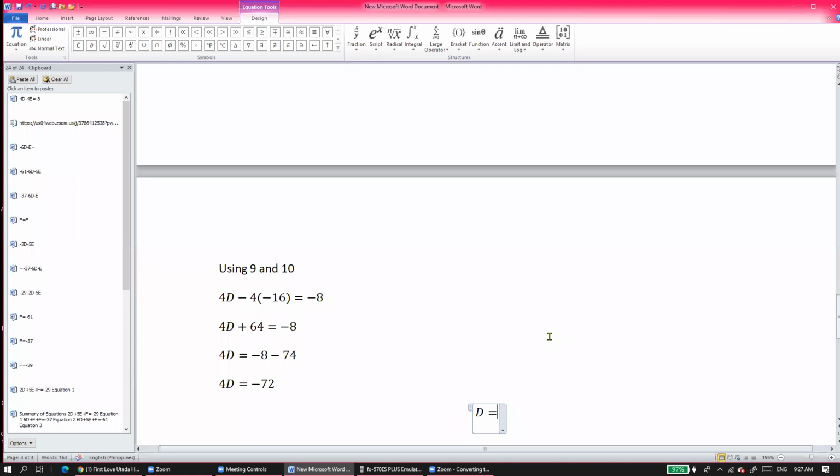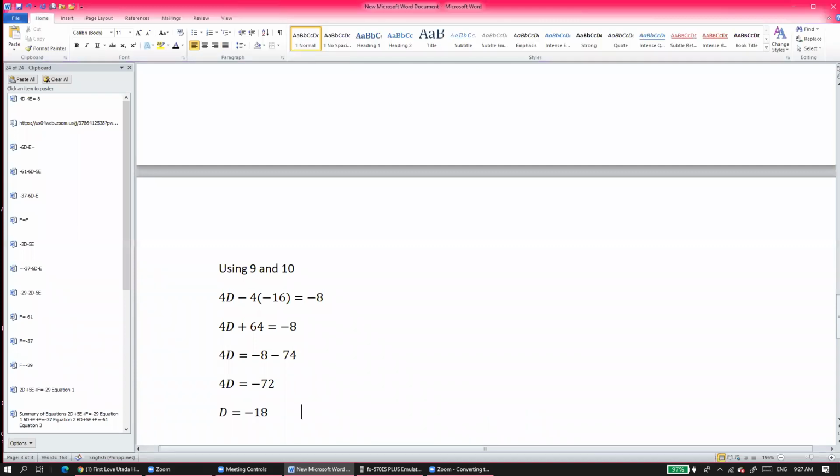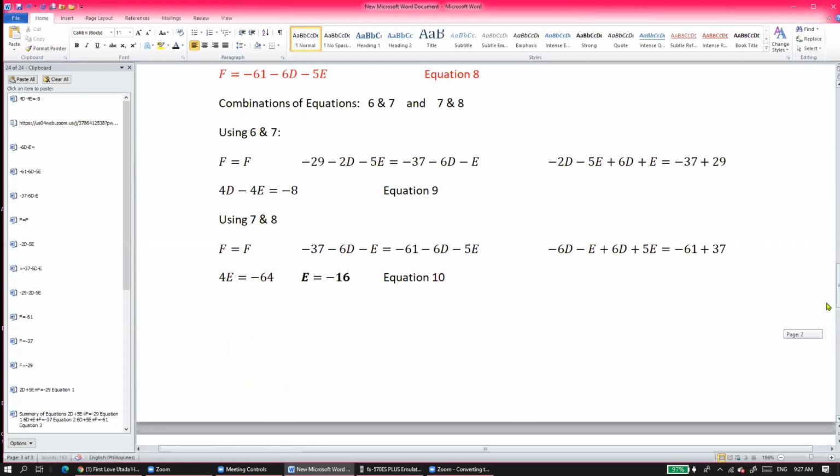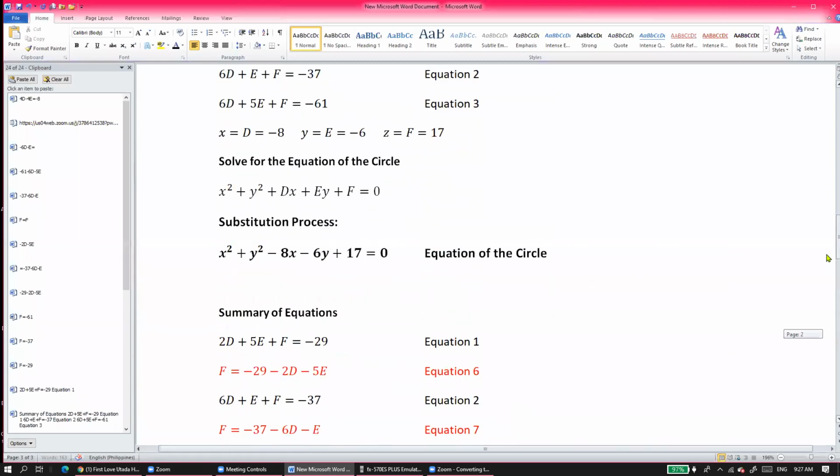Negative 18 po. Negative 18. Tama kaya tayo. Ba't ang taas, no? Negative 18, negative 16. Ano ba yung equation natin kanina?